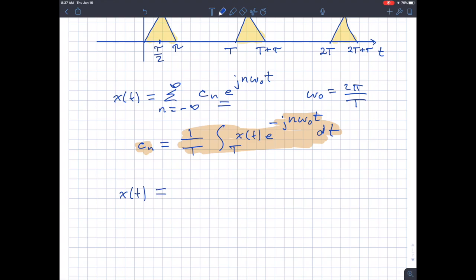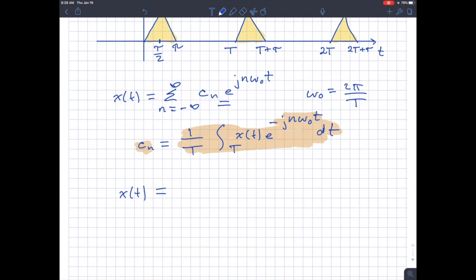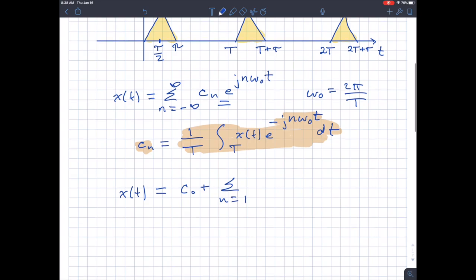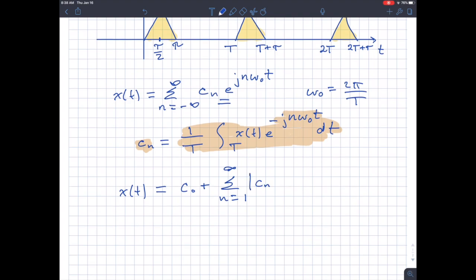So for that, what we're doing in the demo is representing this with the compact trig form of the Fourier series. In the compact trig form, you have the DC component C0 plus the sum from n equal 1 to infinity of the magnitude of the Cn's times 2 cosine of n omega naught t plus the angle of the Cn's.